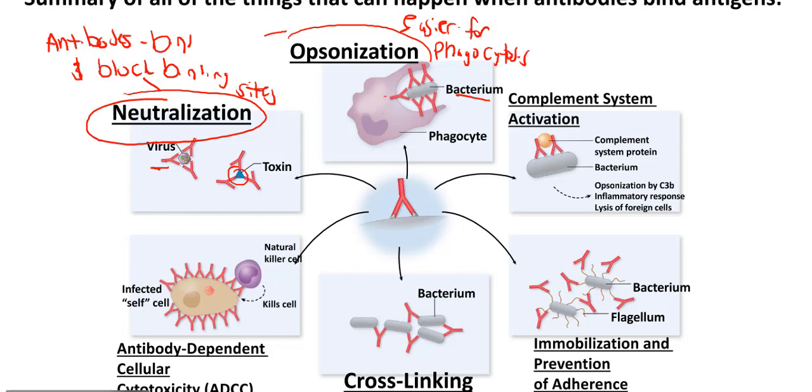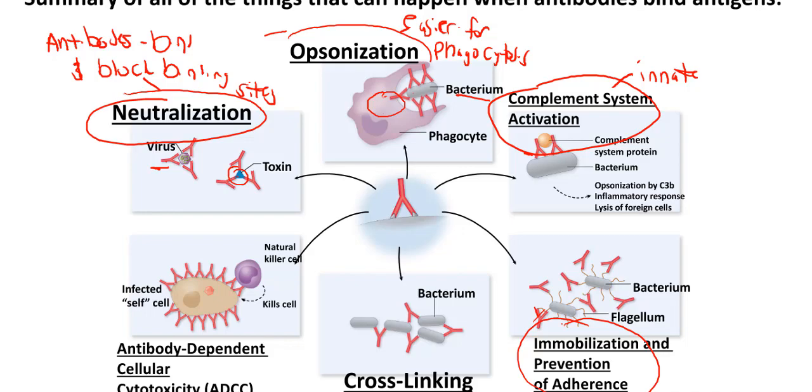Because remember, these stems here will signal for phagocytes to come in and engulf. Third thing that happens, if an antibody binds to a pathogen, it can activate the complement system, which is part of your innate immunity. Fourth, antibodies could bind to the flagella of a bacteria, and this prevents the flagella from working properly, so the bacteria are immobilized, they can't move.